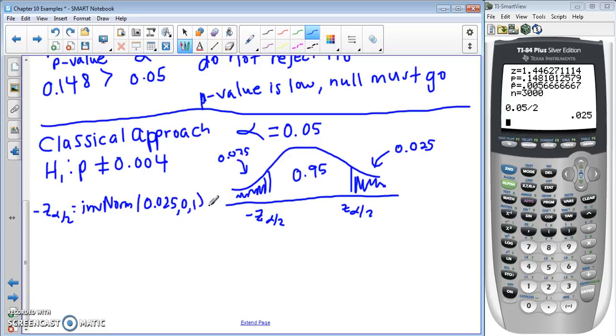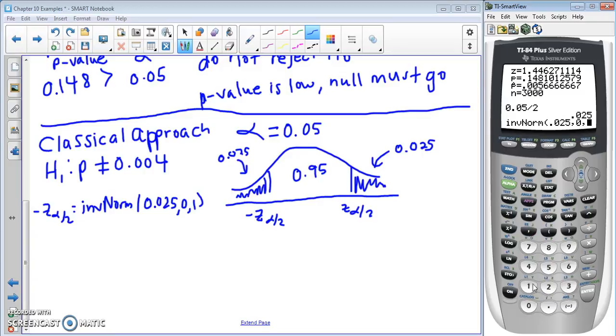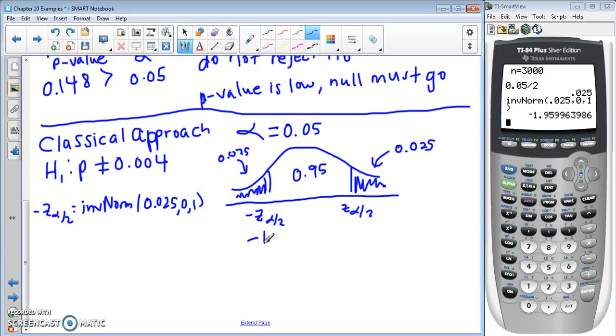Anytime we're working with z values, our mean is 0 and standard deviation is 1. So we're going to do second, bars, 3, 0.025, comma 0, comma 1, and enter, and we get negative 1.96. Well, this is symmetric, so z sub alpha over 2 is just 1.96, right?